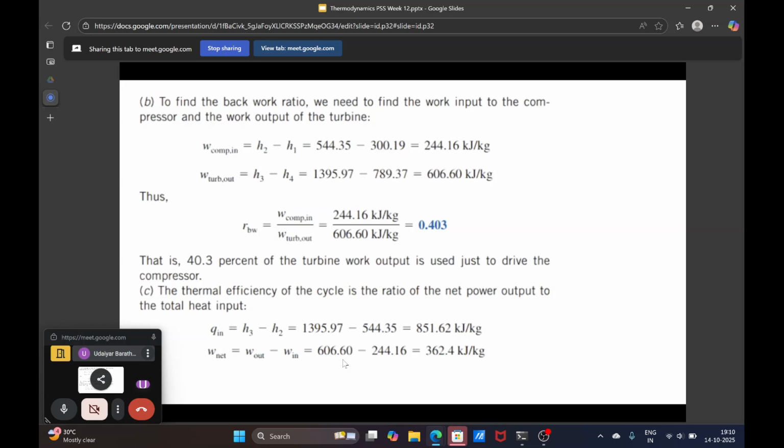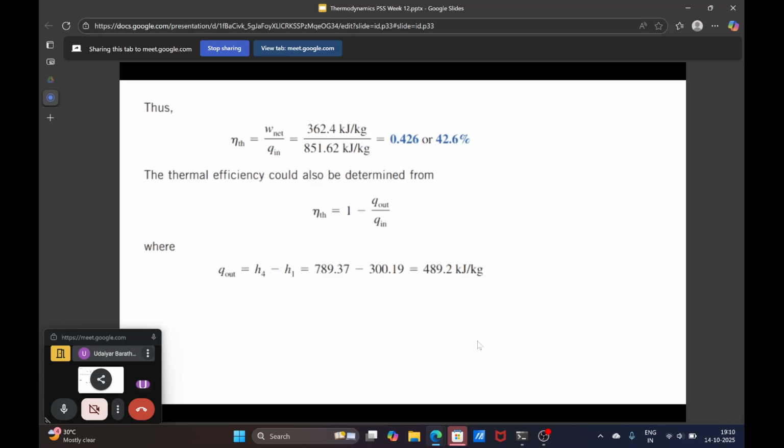which is 606.6 minus 244.16, giving you a net work of 362.4 kilojoule per kg. So the thermal efficiency is W net by Qin, which is 362.4 divided by 851.62, giving you an efficiency of 42.6%.